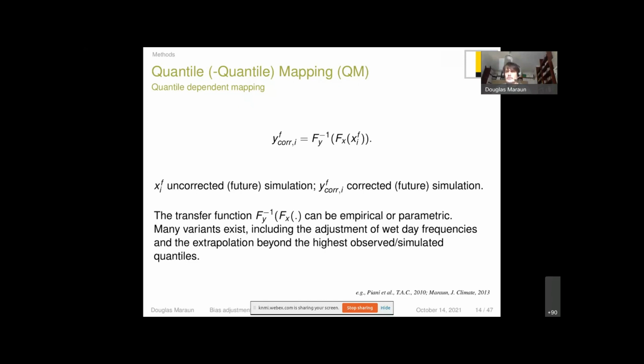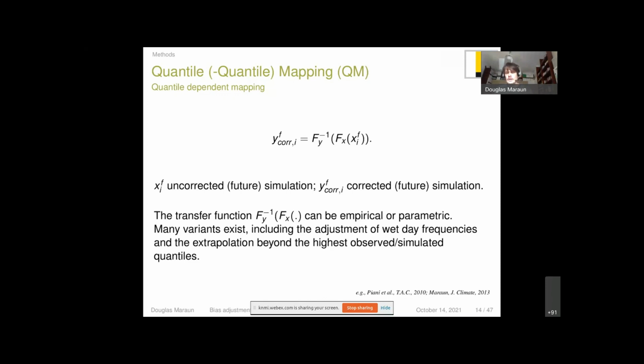One way they might differ is in the way they adjust wet day frequencies, whether they can transform rain days into dry days or dry days into rain days. The other issue where there is also substantial variation amongst the models is how they deal with extreme events.